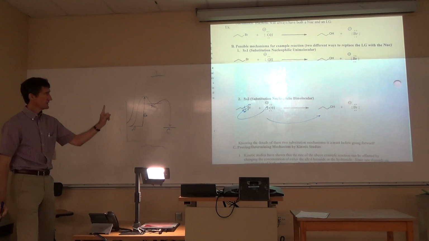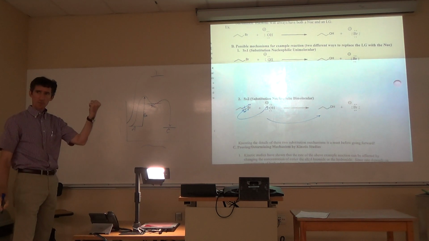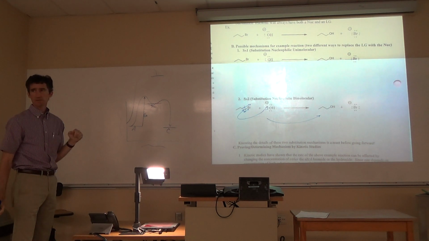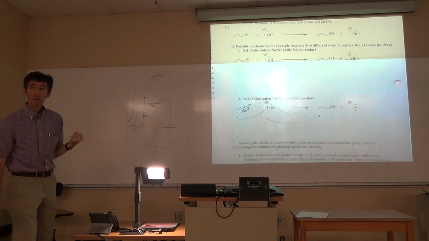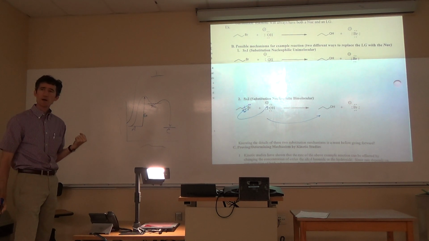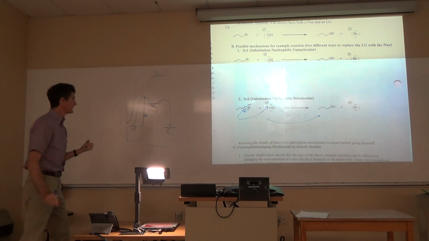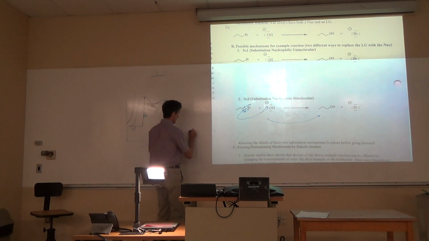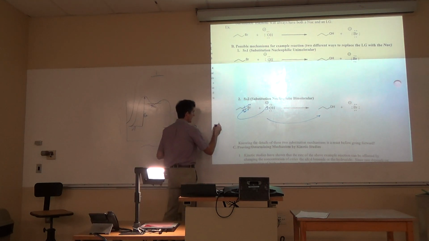Which would be easier? Hydroxide attacking a carbocation or attacking a partial positive? Which should be easier and faster? Why would attacking a partial positive be easier than attacking a full formal positive? Physics. Here's a minus, here's a plus, and here's a partial plus.